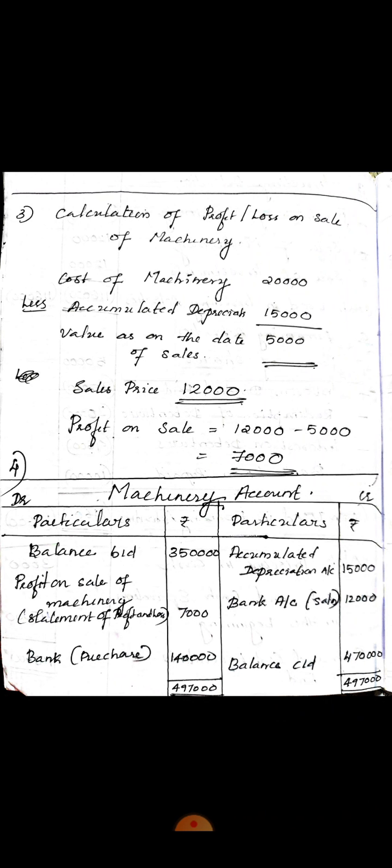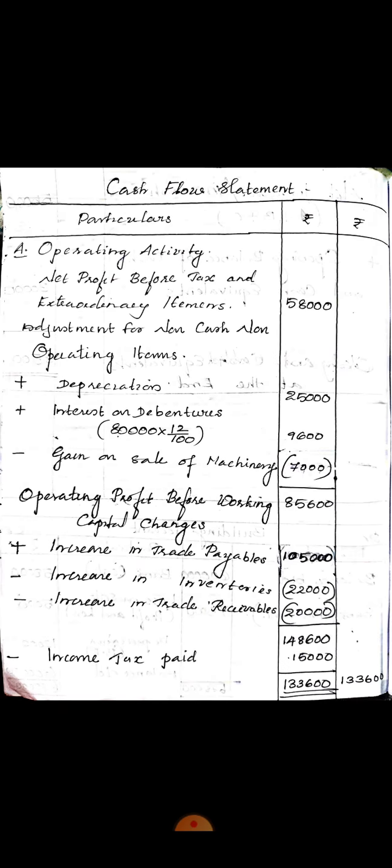Depreciation up to the date of sales 15,000. Value of machinery as on the date of sales rupees 5,000. Amount received through the sale of machinery rupees 12,000. Sales price 12,000. Profit on sale 12,000 minus 5,000, 7,000.